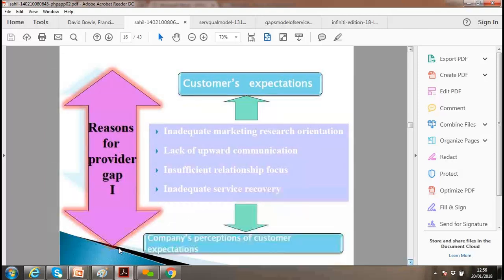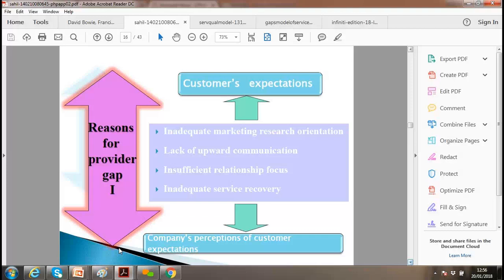Customer expectation and the company's inadequate marketing research orientation, lack of upward communication, because we're not listening to our first point of contact, like the customer service assistants' viewpoints. If we're not taking them on board, the gap will be higher.